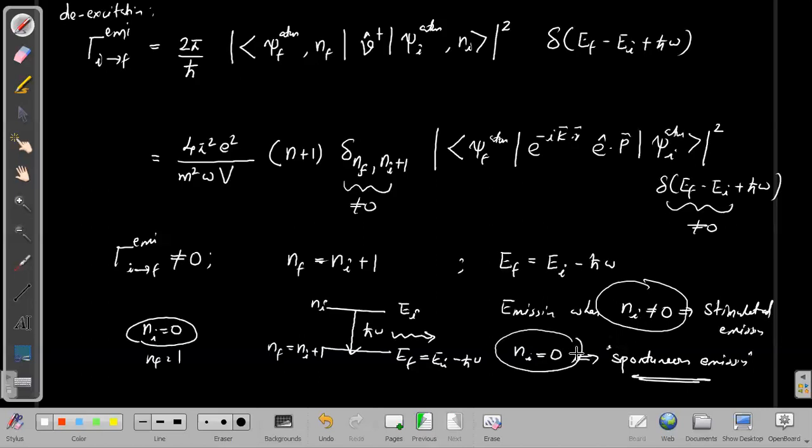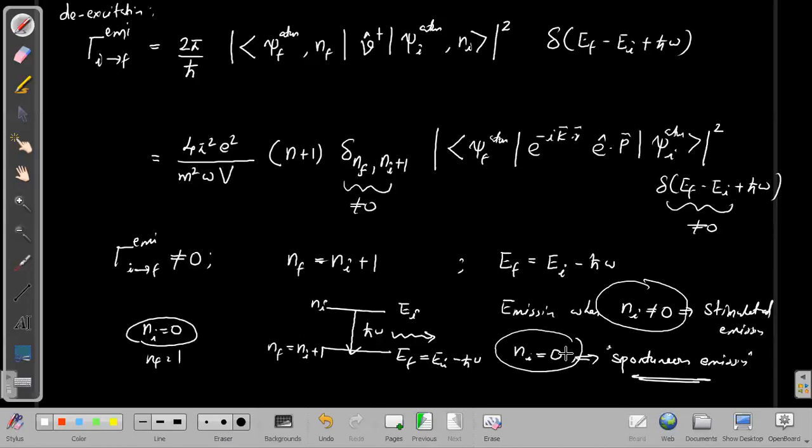There cannot be spontaneous absorption, because there must be an external photon in order to excite the atom. But there can be spontaneous emission, that is, even in the absence of a photon, the atom can emit a photon and go to the lower level. With this remark, we are stopping our discussion of today's topic.